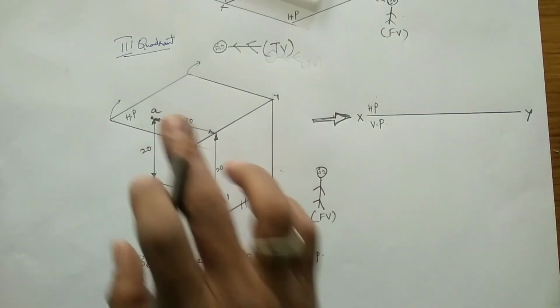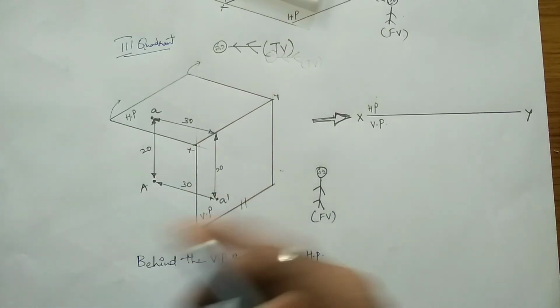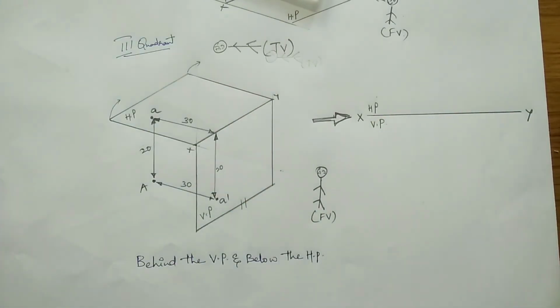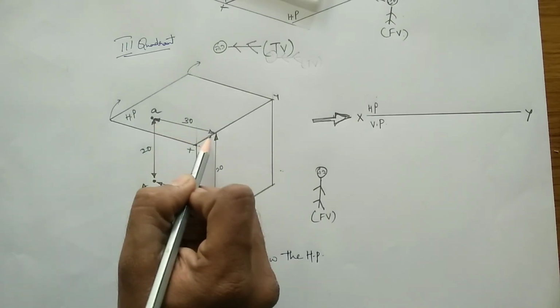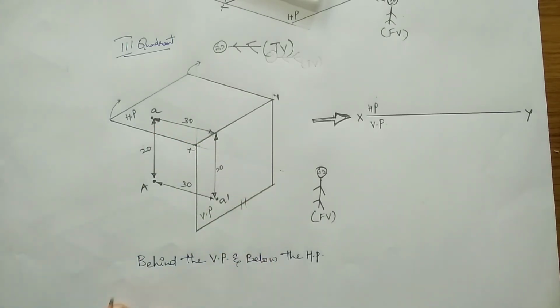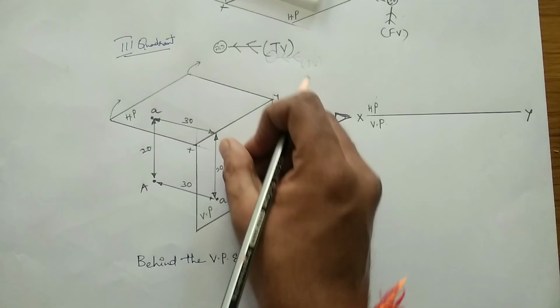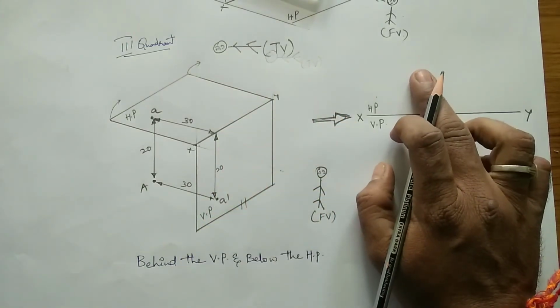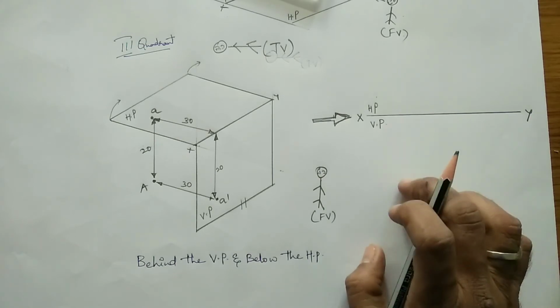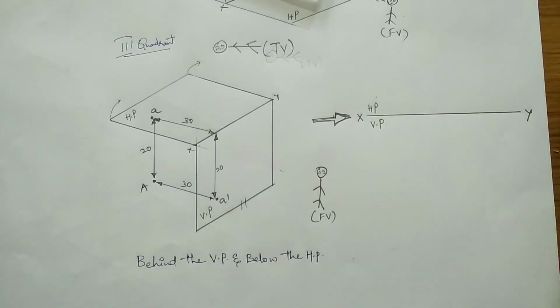Now when you are rotating the horizontal plane, the projections are carried out. What is the distance drawn on the horizontal plane? 30 mm. And what is the distance drawn on the vertical plane? 20 mm. At a distance of 30 mm on the horizontal plane and 20 mm on the vertical plane, draw the projection lines.